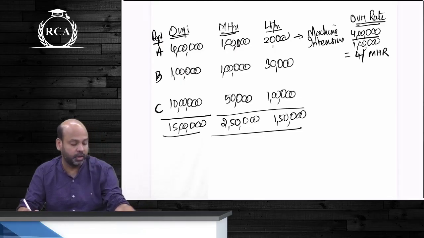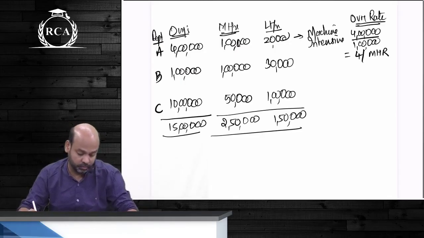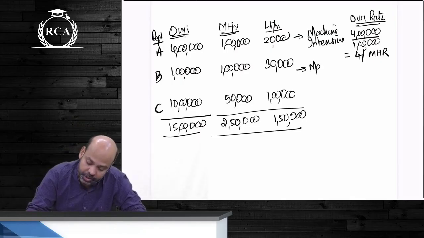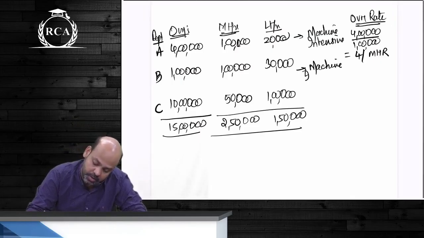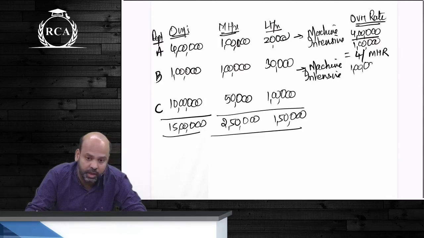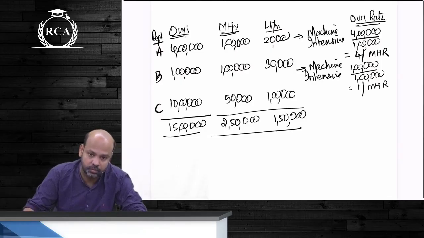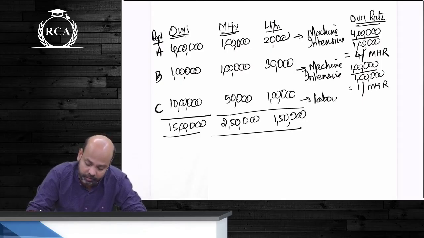Second department was also machine intensive. Because it is machine intensive case, you're going to write 1 lakh divided by 1 lakh, and that will be 1 rupee per machine hour. The third department beta is labor intensive. So you're going to write 10 lakhs divided by 1 lakh. So that will be 10 rupees per labor hour.